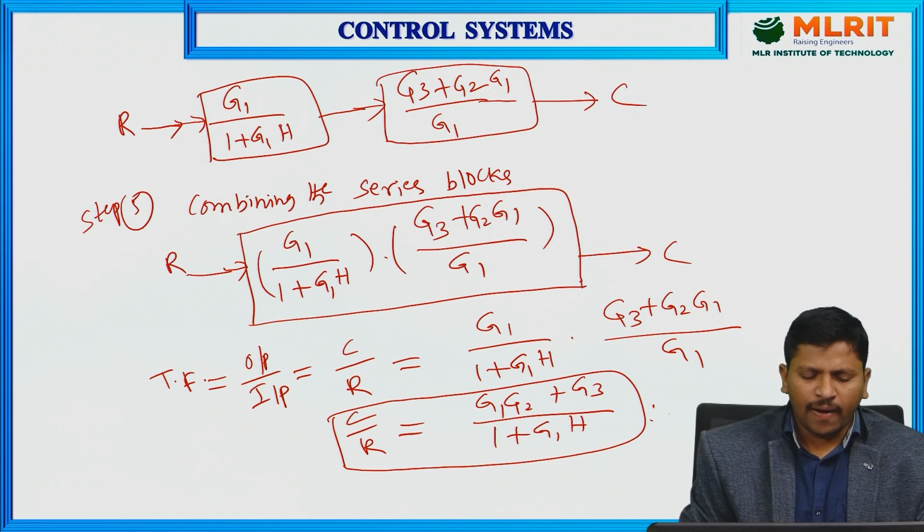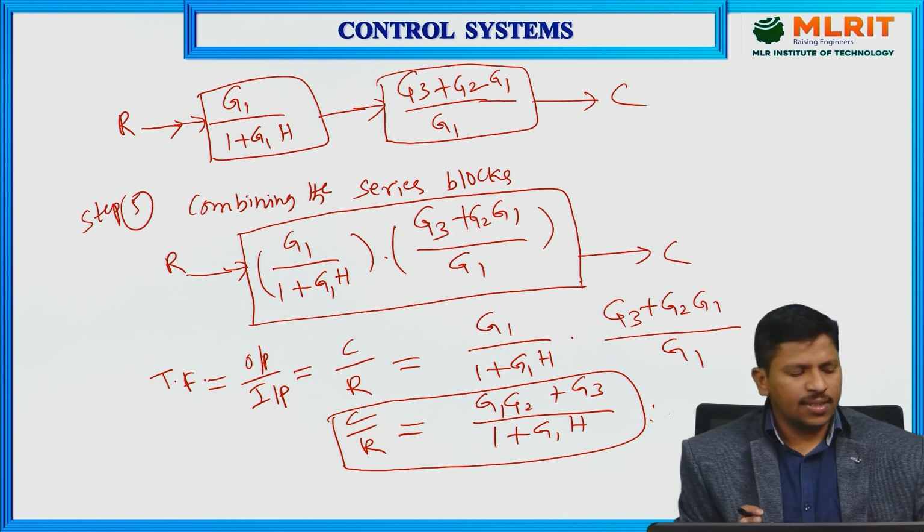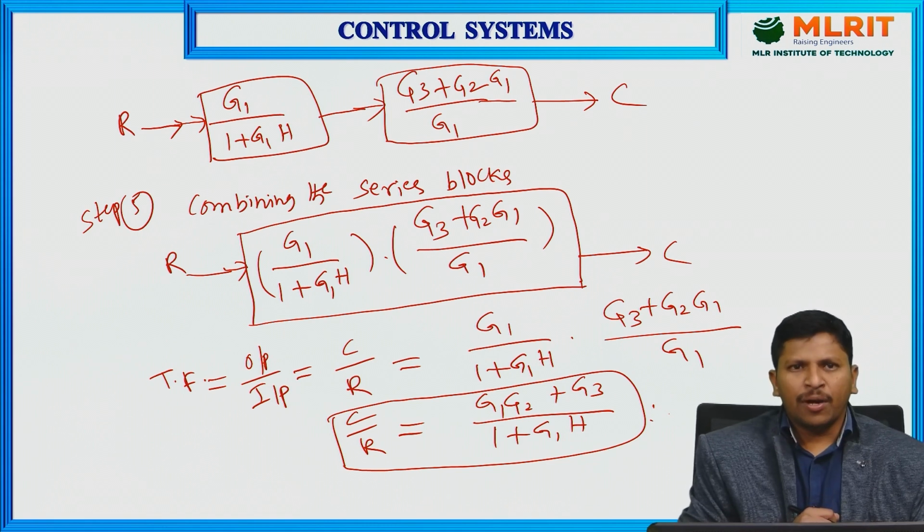This is our main aim: to reduce the block diagram into a single block, whose value is the transfer function. This is an example problem for block diagram reduction, and it is very important for you.